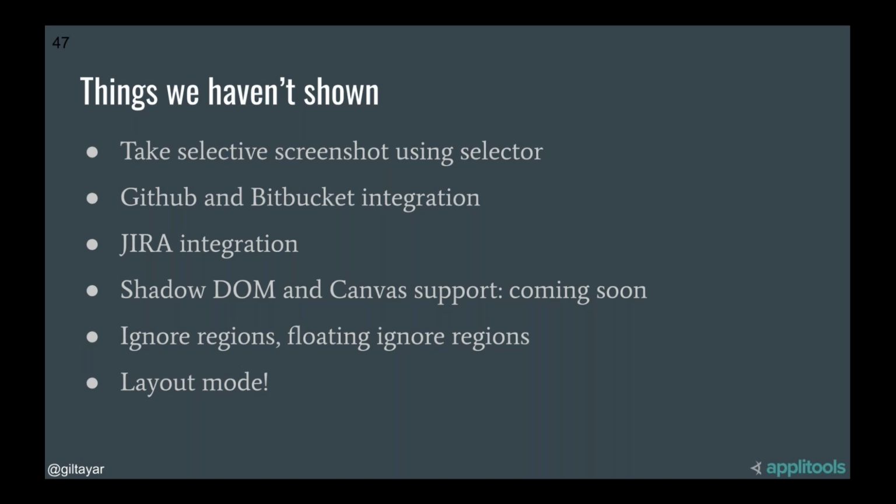We have Jira integration, so you can create an issue directly in our dashboard. Coming soon is Shadow DOM and Canvas support. And we have ignore regions. Let's say you have a date somewhere and you want to ignore that region, floating ignore regions, and layout mode, which is an amazing feature, which I unfortunately don't have the time to talk about.